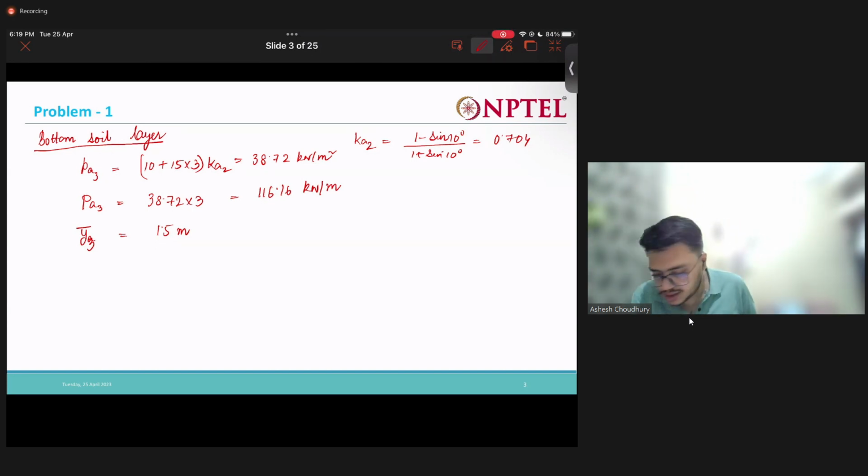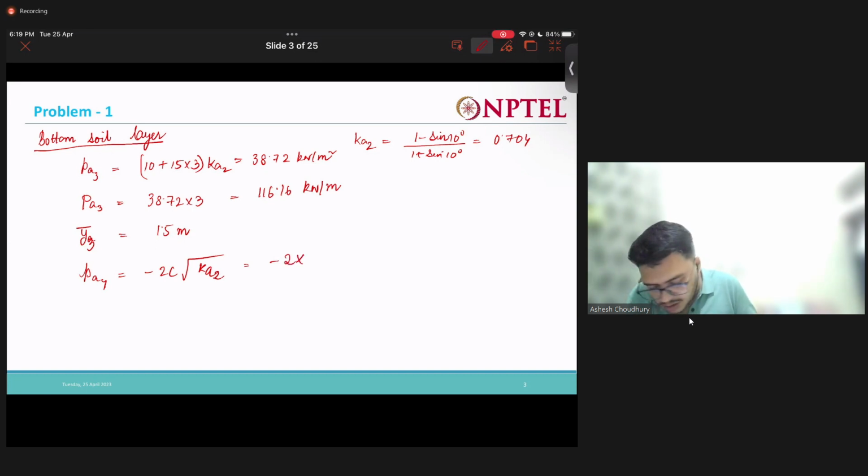So due to the cohesion part, we will consider pa4 as nothing but minus 2c root over Ka2, which is minus 2 into 10 into root over 0.704.